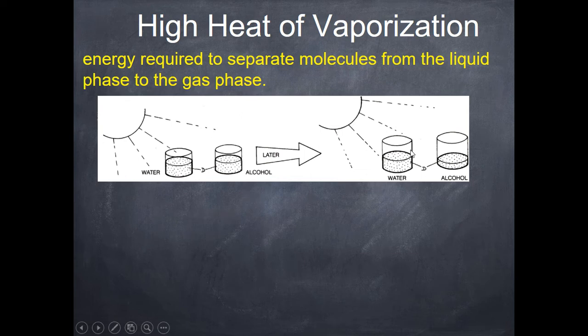Evaporation, same thing. We're going from liquid to a gas so that some of this water would escape our glass and go into the atmosphere here. Now, alcohol, on the other hand, does not have the same property as water. It does not have the hydrogen bonds happening. And so it can quickly evaporate.